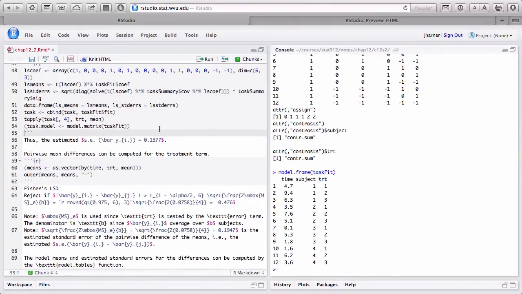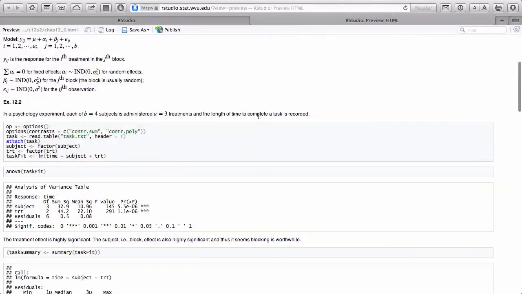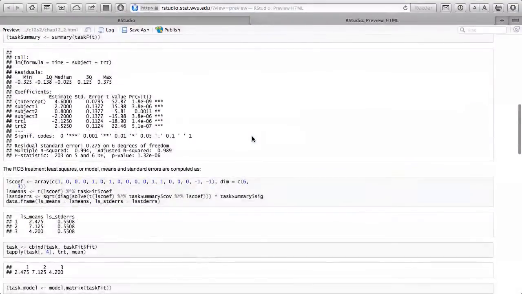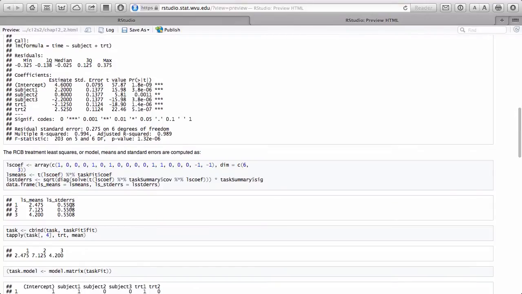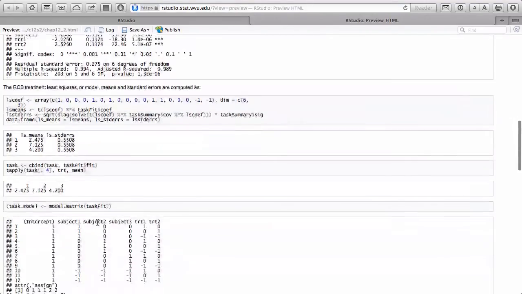Now, going back to the notes a minute, and I'll follow up on that a little bit more. Usually, you're not particularly interested in those alphas and betas unless you kind of want to know the nuts and bolts of how you get what are called least squares means. I have the least squares means and the standard errors for them, but I believe there's an error here, so I have to recompute the standard errors.